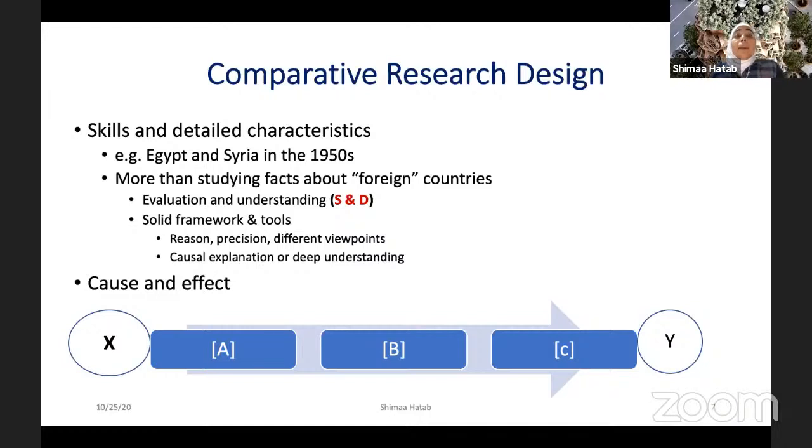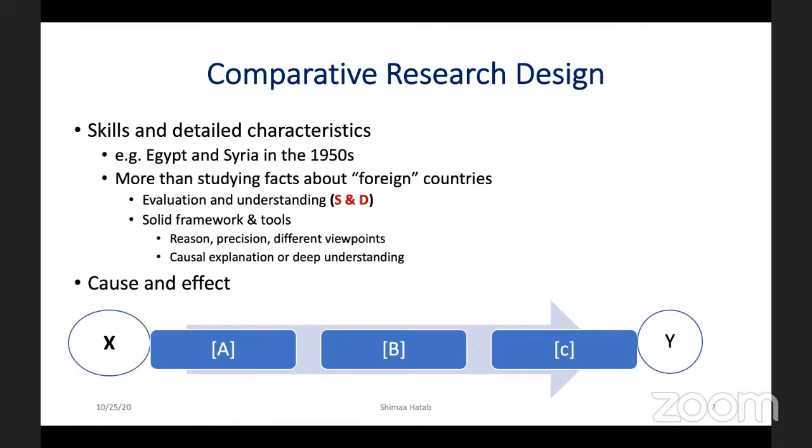Okay. So comparative politics would help you. You need to develop these skills that help you think critically and digest and absorb some particular characteristics about foreign countries. So it's not only about studying or collecting facts about foreign countries, but about how you process these facts and information mentally and thoroughly in order to come up with a research design.